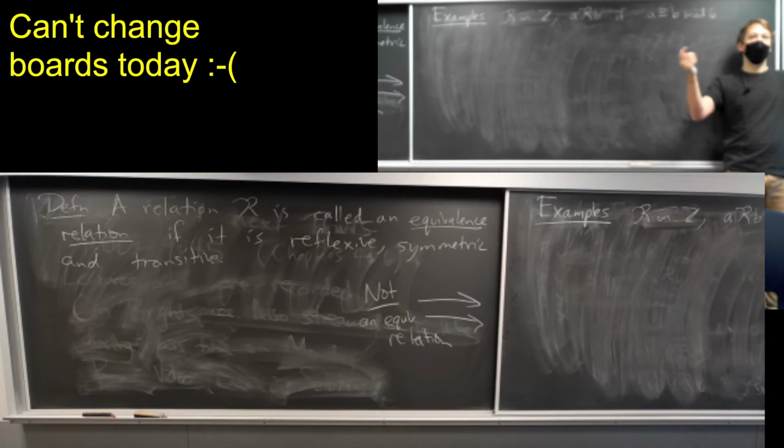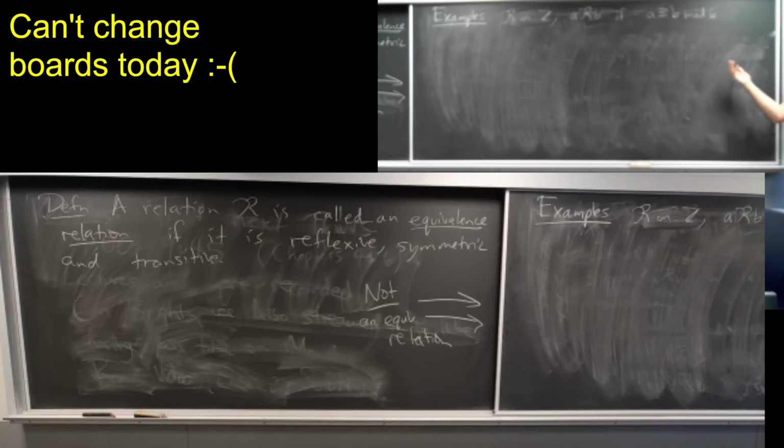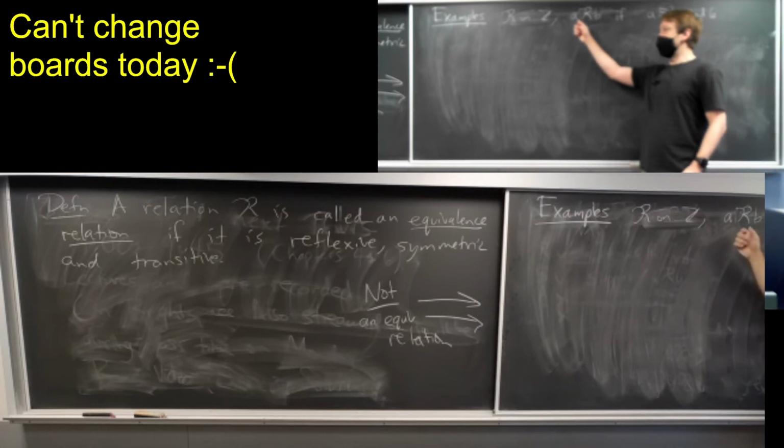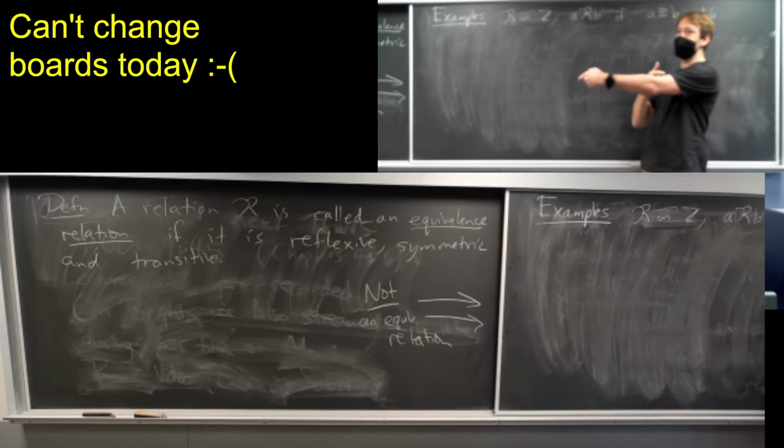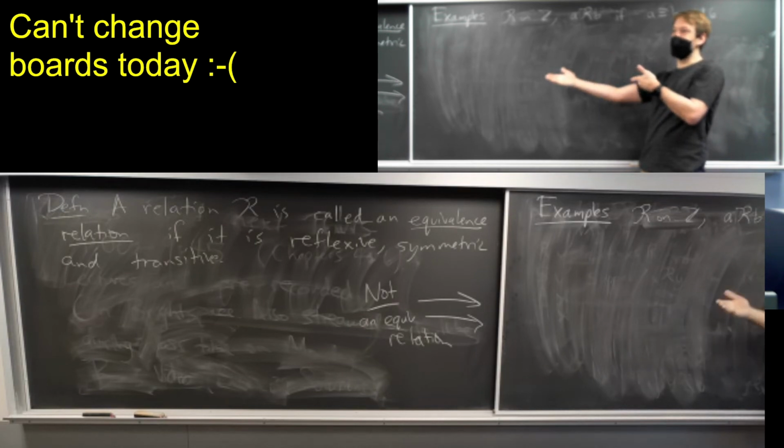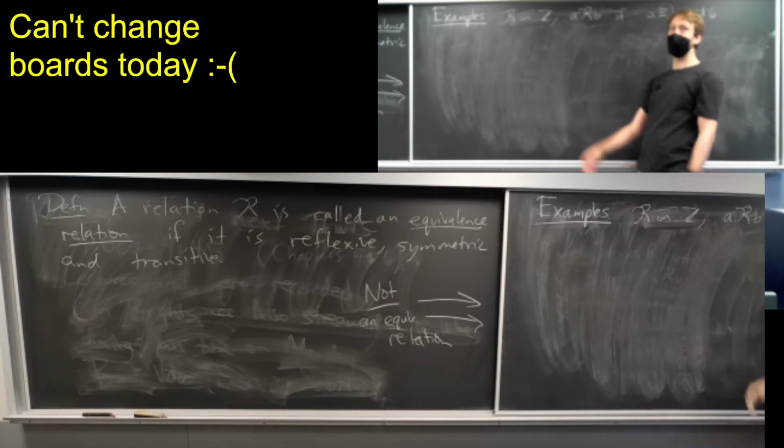Well, yeah, because if the remainder of a is 3, then the remainder of a is 3, same remainder. It is that simple, really. If I talk about symmetric, if a has the same remainder as b, well, obviously b has the same remainder as a, because if they're both 5, then they're both 5. That's just how it is.